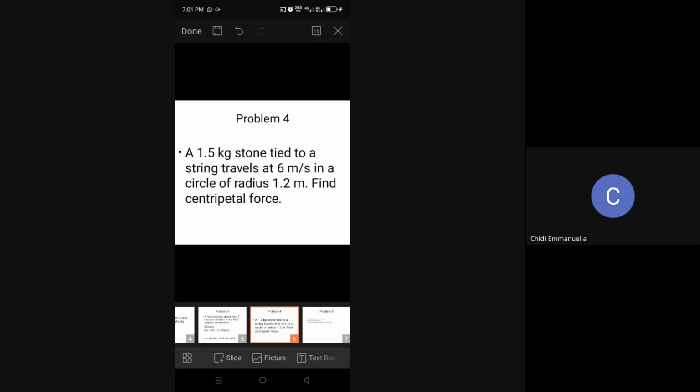Will you ask your computer? 45 Newton. Vera, what is your answer? Who can tell me the formula? Which formula did you even use to get the 45? Emanuela, which formula did you use? Shakiruddin, which formula did you use?